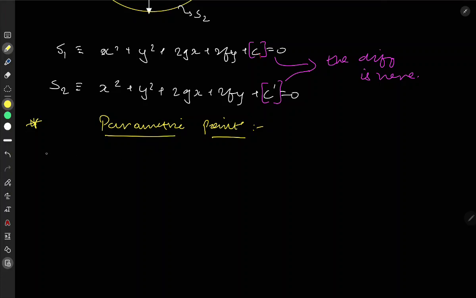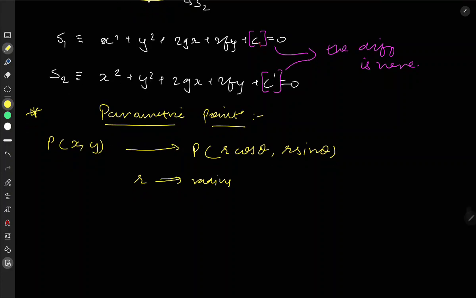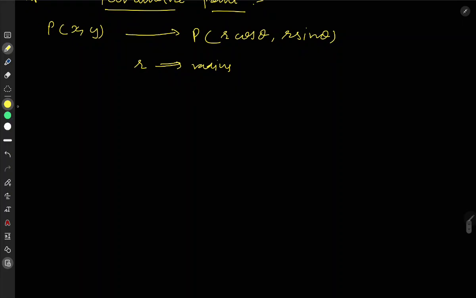Over here, if we have P as x comma y, then we can substitute P as r cos theta comma r sin theta, where r indicates the radius. So now the parametric points, I'll make a table, and here is the equation.